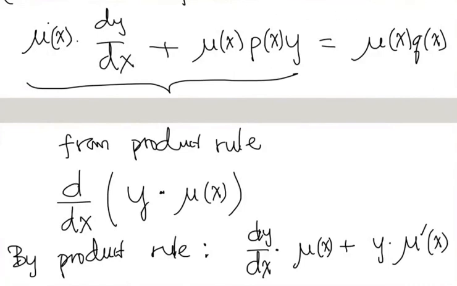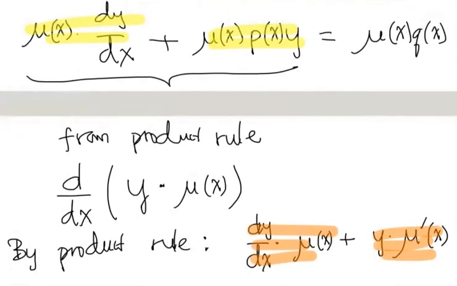But on the other hand, we want to match exactly with the left hand side. If you look carefully, if we want to match this product rule with the left hand side, then what do we need?